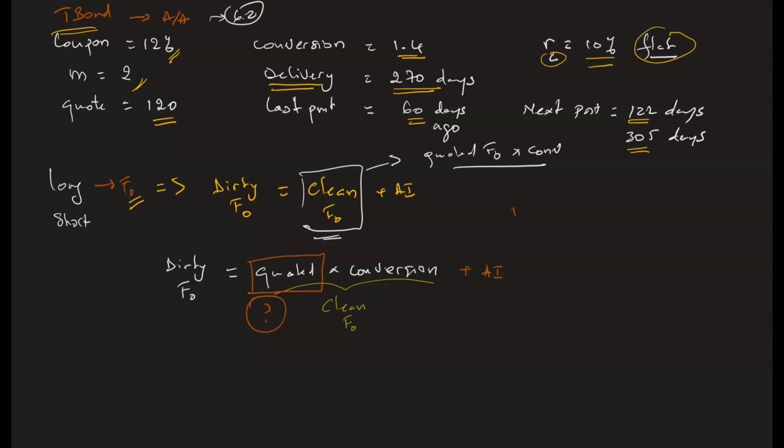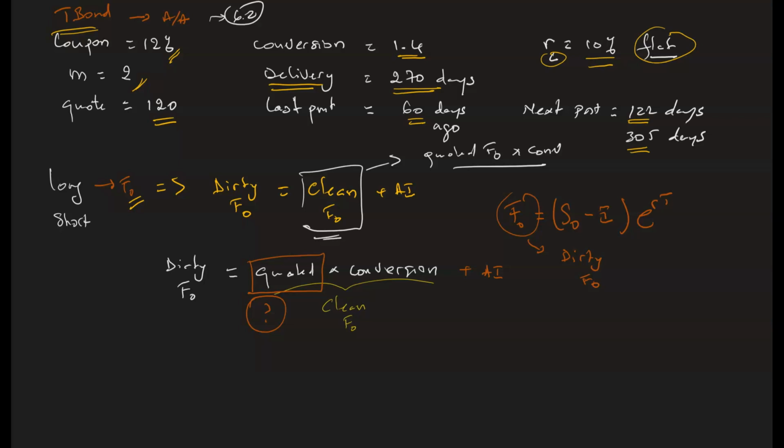Our formula is F0 equals the spot price minus any income that we receive, and then we take the future value of that over a period of time. This value is essentially our dirty futures price, so we're going to find our dirty futures price.